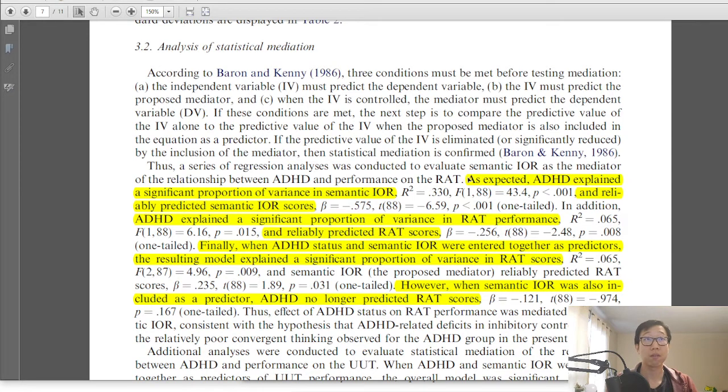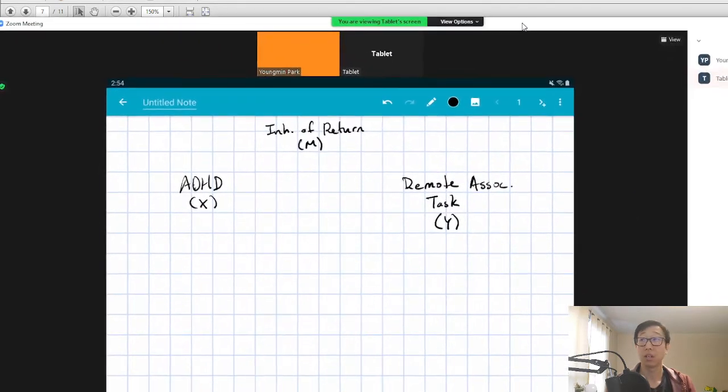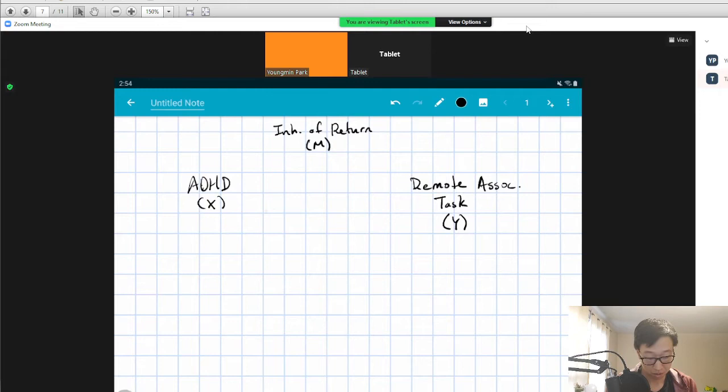So first, as expected, ADHD explained a significant proportion of variance in semantic IOR and reliably predicted semantic IOR scores. So that's this line. So from X to M, we have a statistically significant relationship there.